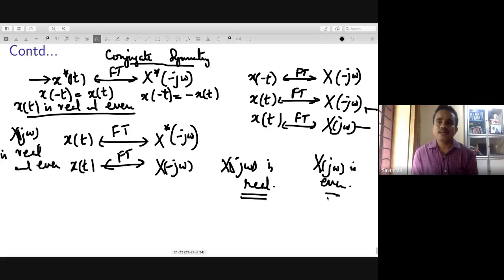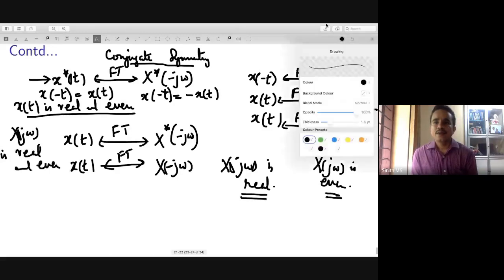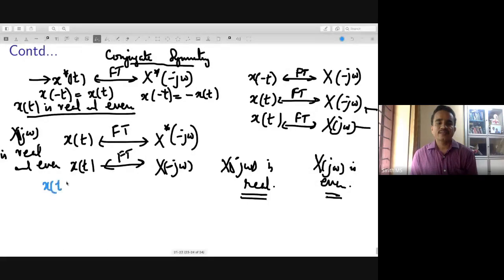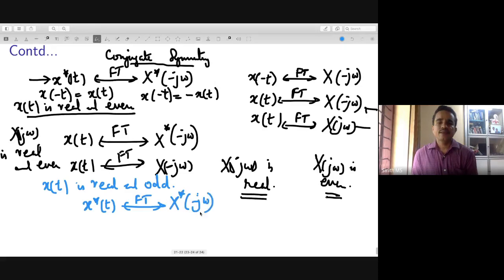Similarly, suppose you want to see what happens when x of t is real and odd. In that case, again, the conjugate symmetry property shows that x star t has a Fourier transform x star minus j omega. x of t is real means x star t is x of t. So x of t has again Fourier transform x star minus j omega.